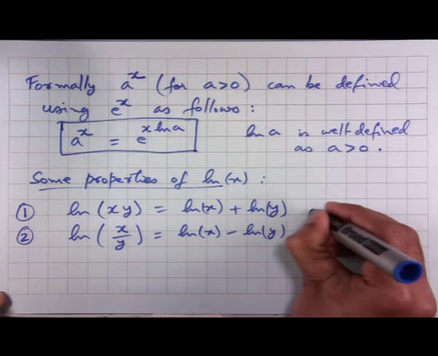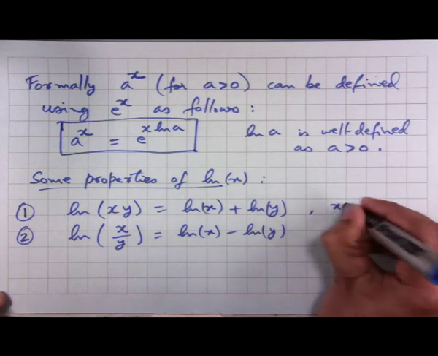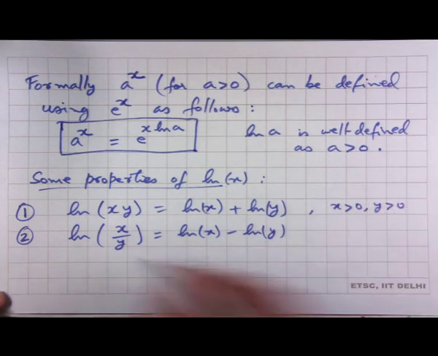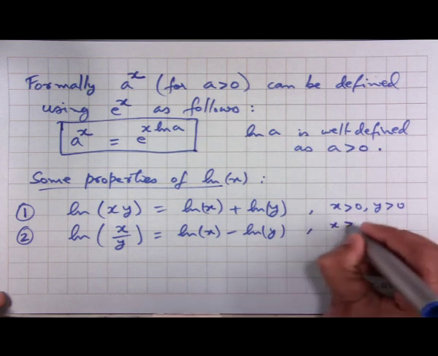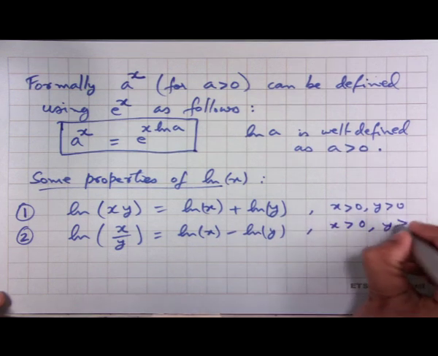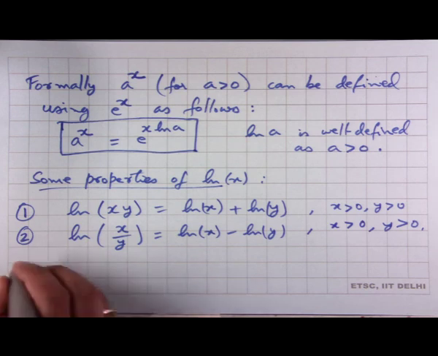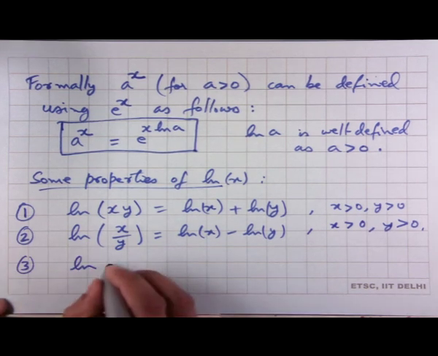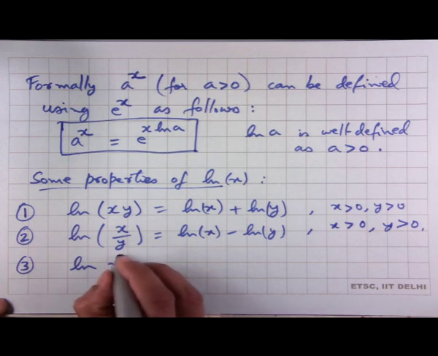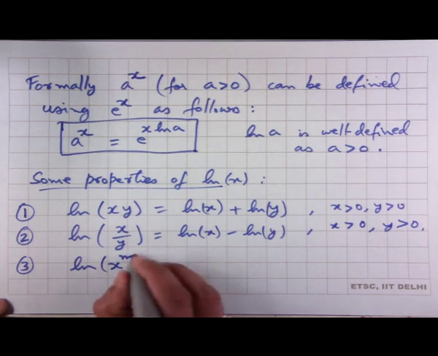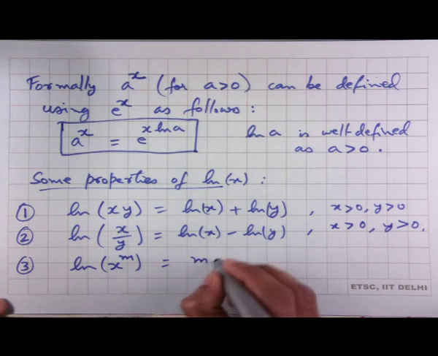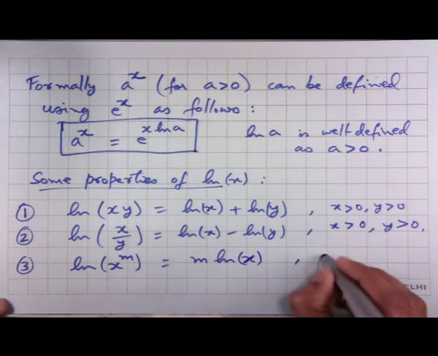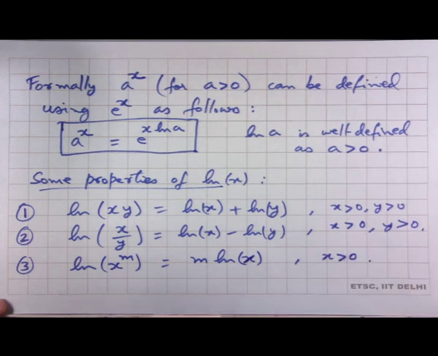This is if x is greater than 0, y is greater than 0. And the logarithm of x to the power m is equal to m ln x. Here again x is positive.